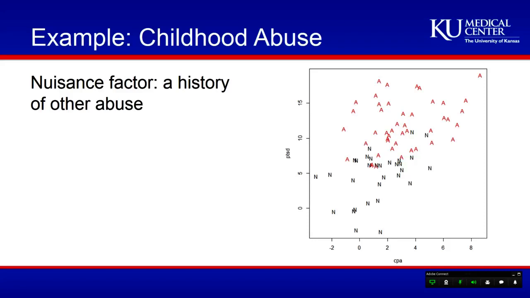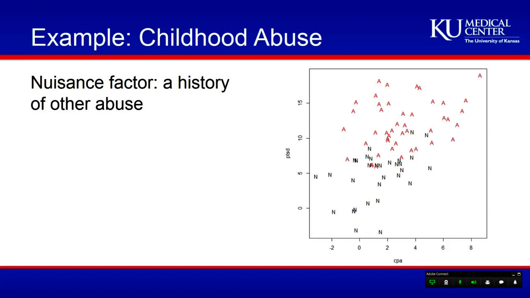So what I've done here is, again, how do we visualize this relationship between a continuous nuisance factor, a categorical treatment factor or factor of interest, and outcomes like PTSD. Along the x-axis, I have physical abuse. This is measured by a standardized questionnaire. On the y-axis, I have the PTSD score, and I've labeled the individuals by whether or not they have a history of sexual abuse versus not.